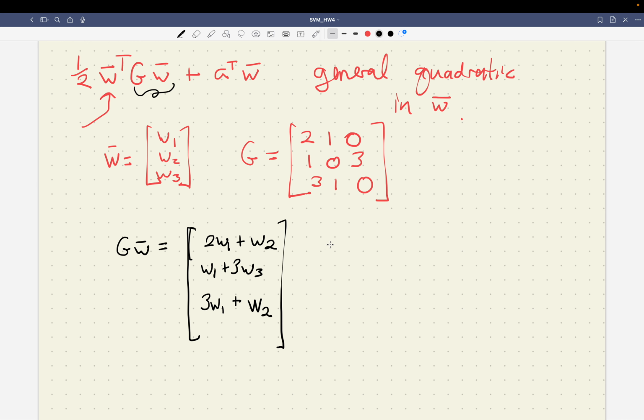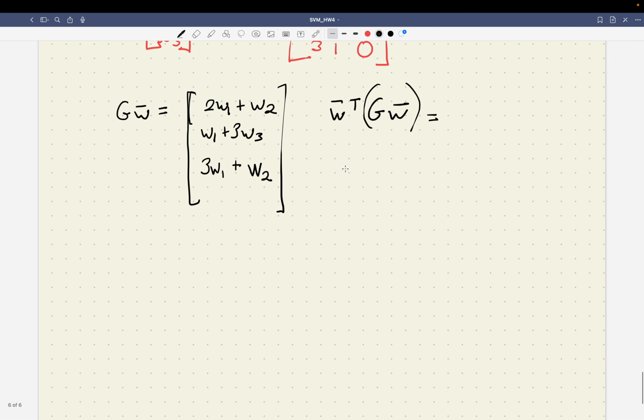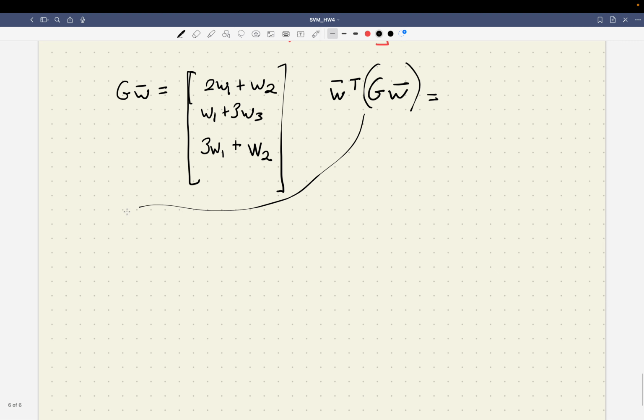Okay, great. And now I do W transpose times GW, and it's associative. And so what is the result going to be there? This is going to be equal to 2W1 squared plus, actually, this is not going to be a vector, it's going to be a scalar. Scroll down and write the answer right here.